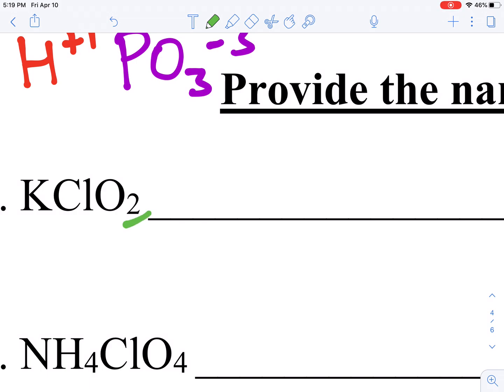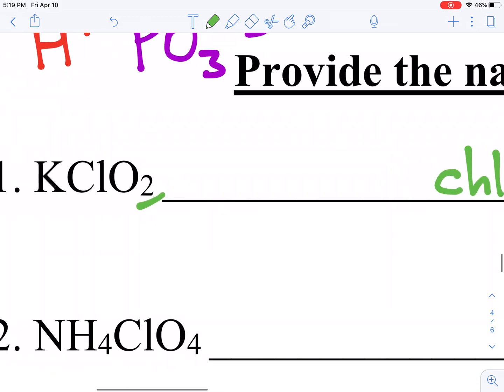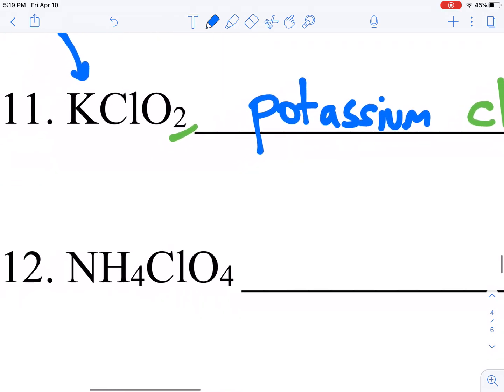This is ClO2, so that means that this is chlorite. Next step in our rules is to look to the cation and ask ourselves, does this need a Roman numeral? Potassium is in the first column. It's always a +1, so no, it does not need a Roman numeral. It's always just potassium. So our new name here is potassium chlorite.